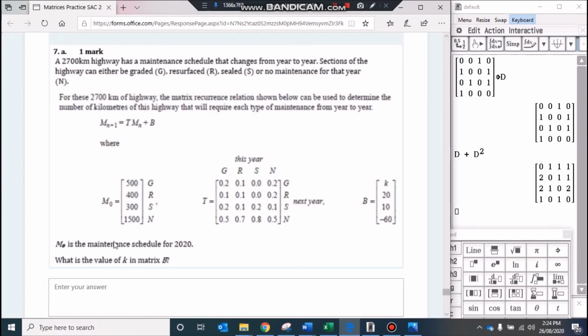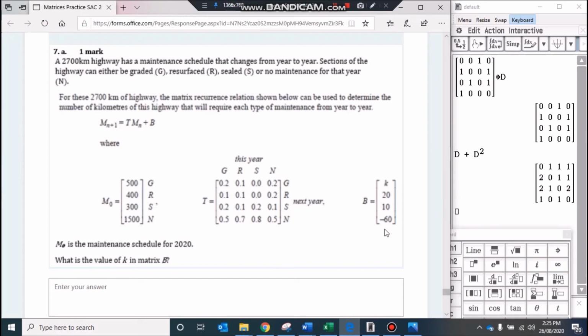So we've got our initial state matrix, the initial kilometers for these different types of maintenance, our transition matrix, and finally our B matrix. Just noting that the initial state matrix is the maintenance schedule for 2020. We want to know, what is the value of K in matrix B?